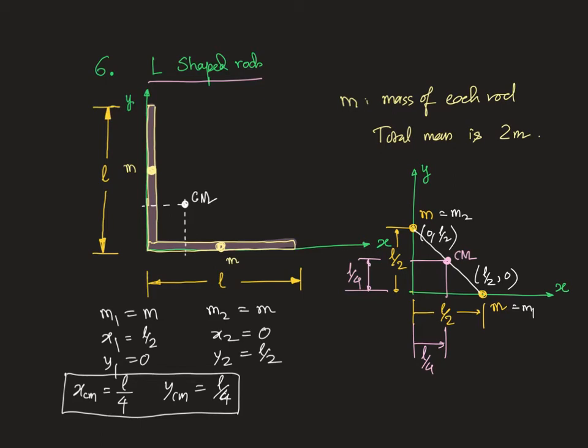This is an example of composite bodies. Whenever you have to find out the position of the center of mass for composite bodies, you can replace the bodies by point masses at their center of mass.